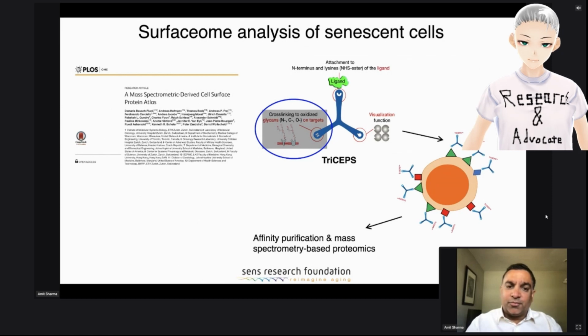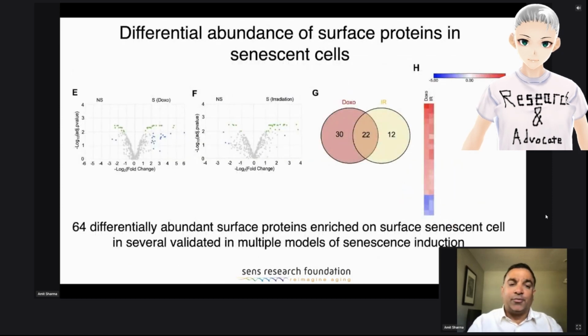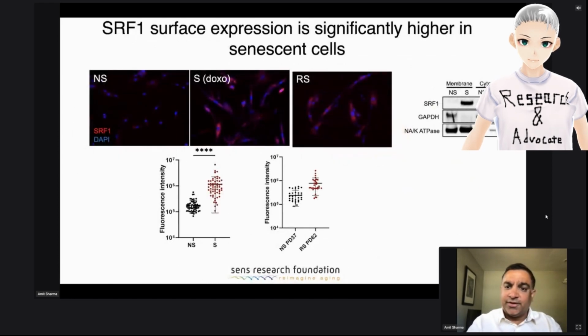When we performed proteomics, we were confident that we were looking at proteins which have a domain sticking out of the cell, and not something bound to the membrane on the intracellular side. When we did that, we found various proteins that were abundant on the surface of senescent cells. We've characterized several of these proteins, giving some examples here.